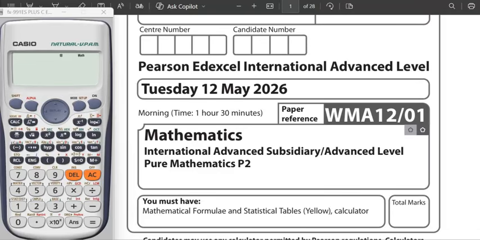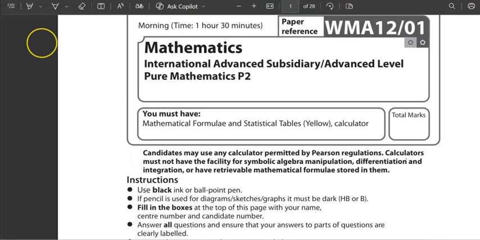Along the way, I'll point out the mistakes that students commonly make in the exams, explain why they happen, and share practical tips to help you avoid losing unnecessary marks. Therefore, grab your calculator, follow along, and let's begin with question 1.